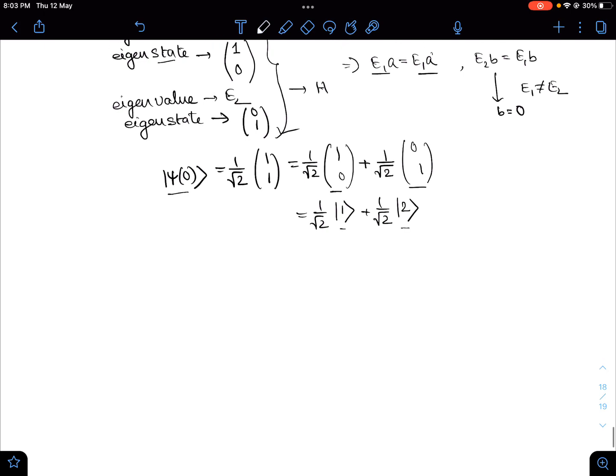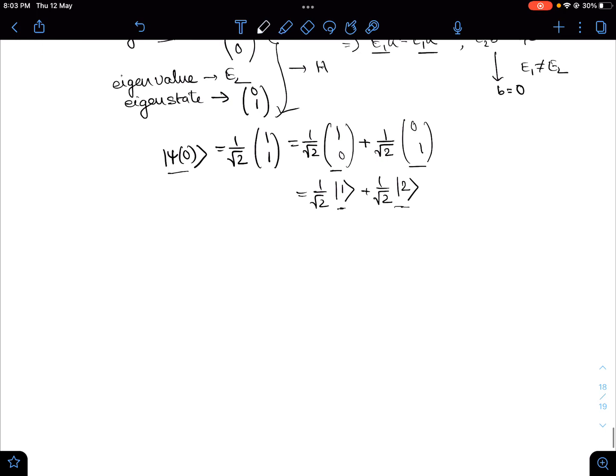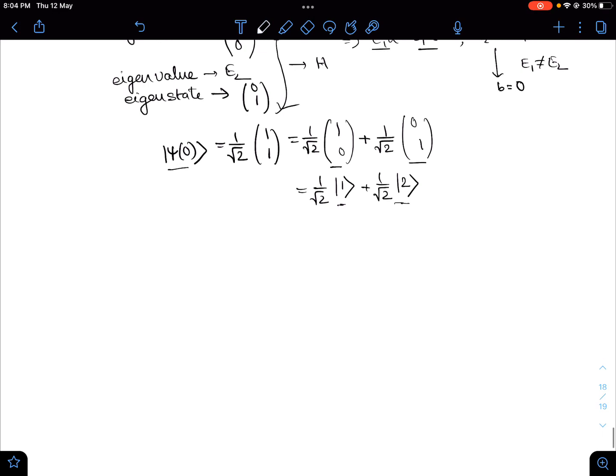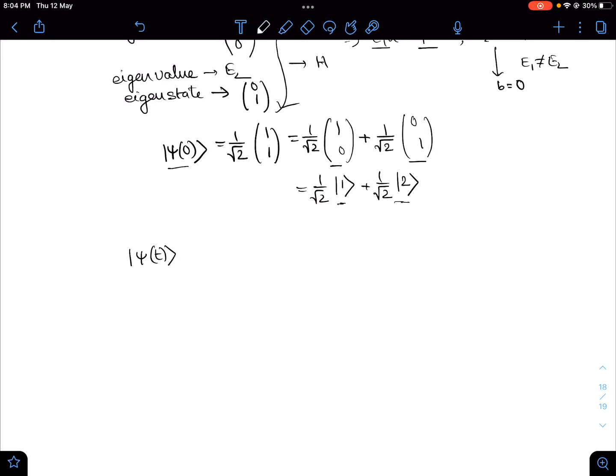Now since |1> and |2> are eigenstates of this Hamiltonian, at any arbitrary later time t we have psi(t) as 1 by root 2 e to the power minus i E1 t by h cut |1> plus 1 by root 2 e to the power minus i E2 t by h cut |2>. How are we writing this?